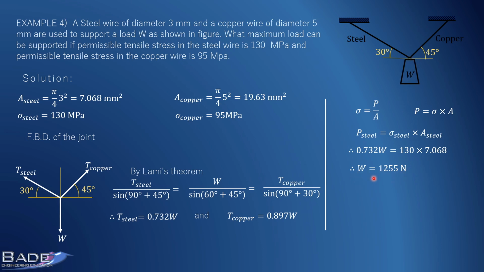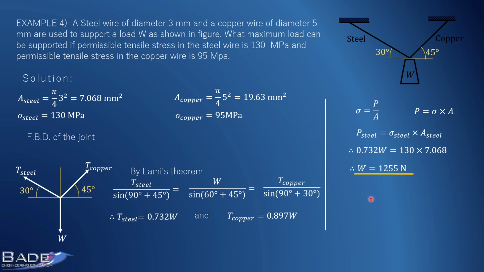So this is the maximum permissible load we have found out. But wait, this maximum permissible load which you have found out using this condition, that is stress in steel must not exceed 130 megapascal. But there is one more condition given, that is stress in copper wire must not exceed 95 megapascal. So let's continue.